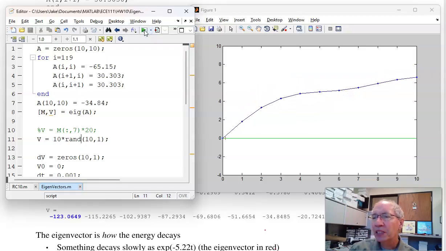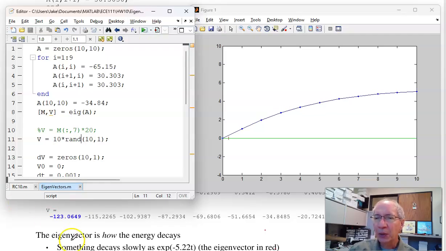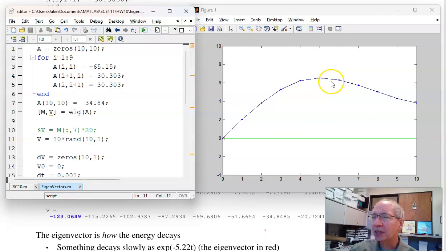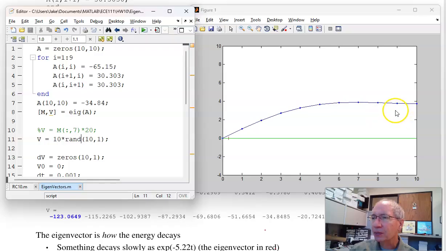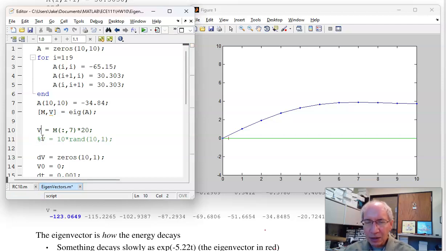What's happening is they give it a random initial condition. All 10 eigenvectors are excited. The fast modes decay quickly, leaving the slow mode. Here's all 10 eigenvectors, quick ones go away quickly. What I'm left with is the slow eigenvector. And let me show that again. This is the slow eigenvector, same shape.